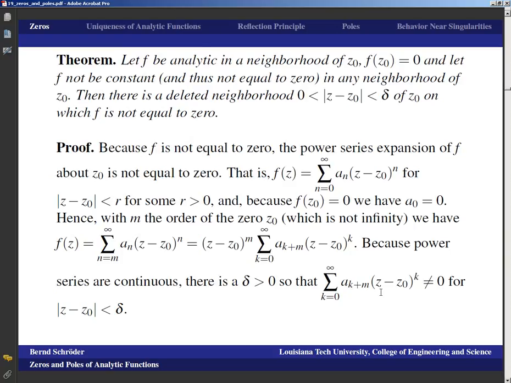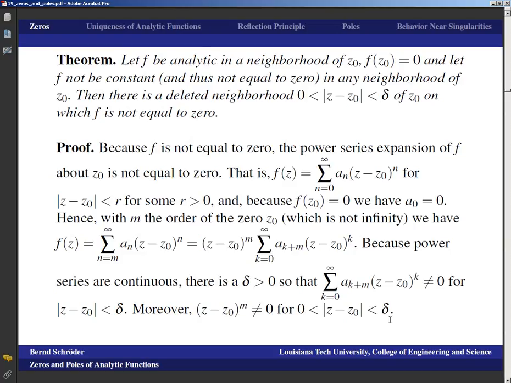So that means the power series is not equal to 0 in a neighborhood, and z minus z0 to the m is not equal to 0 for 0 smaller than absolute value of z minus z0 smaller than delta. The only thing that means is that we must choose the delta smaller than the absolute value of z0, or we can make it arbitrary if z0 is equal to 0.